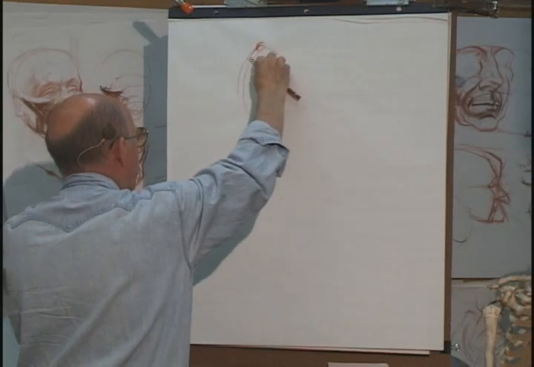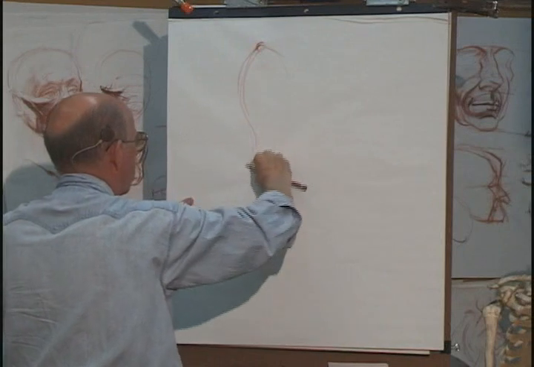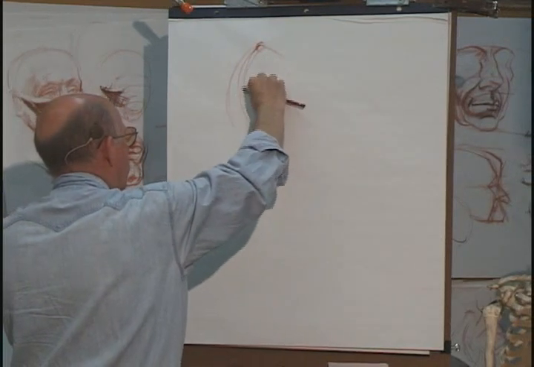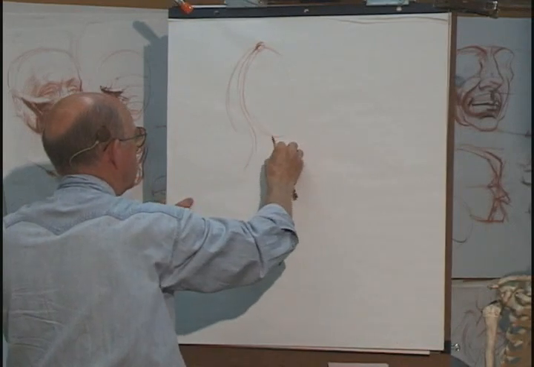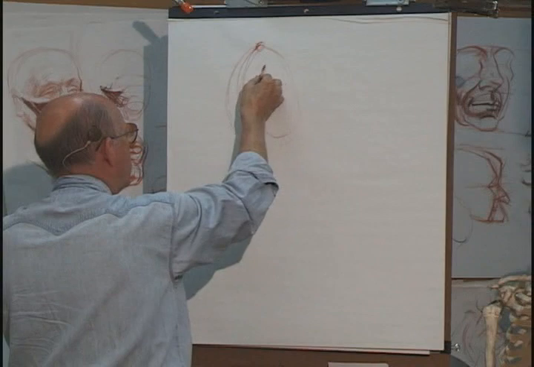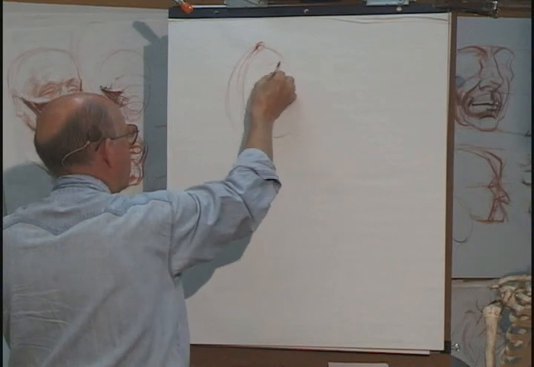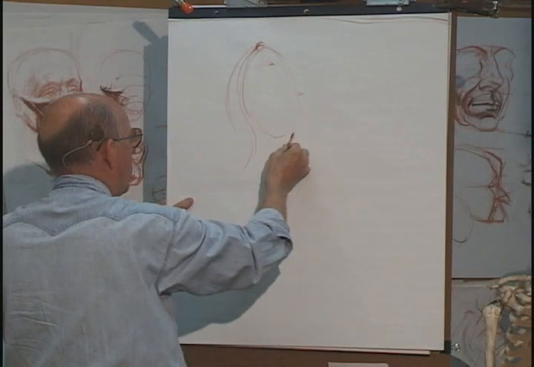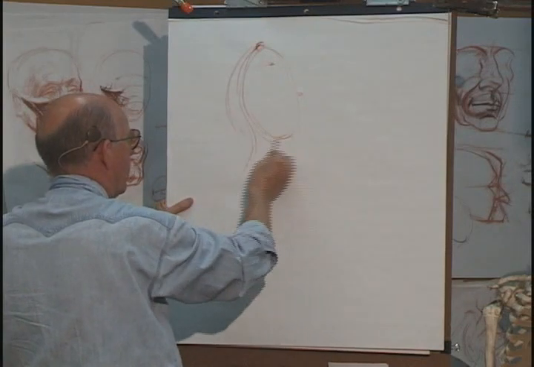I'm doing this sort of 3/4 now. The rib cage is tilting forward. You can't see it from here, but the neck would be here, the sternum here, the bottom of the 10th rib here, and the floating ribs.